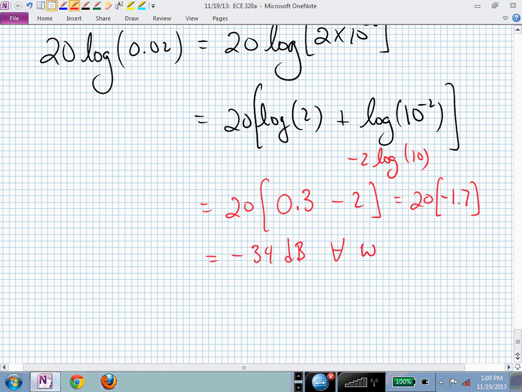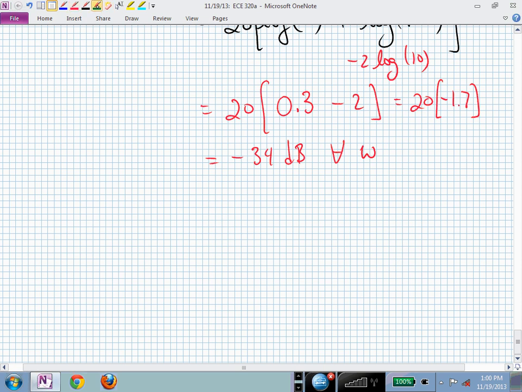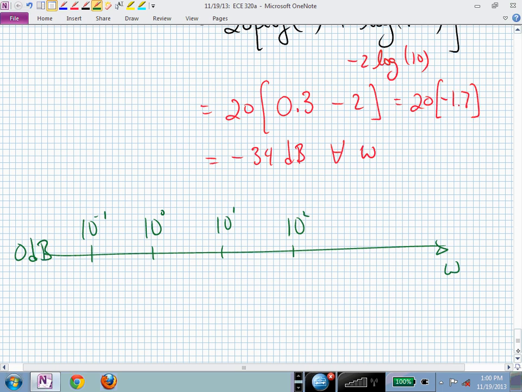If we wanted to sketch that, let's say here is our 0 dB line, and maybe this is a frequency of 10 to the minus 1, 10 to the 0, 10 to the 1, 10 to the 2, and we usually just label that as omega.